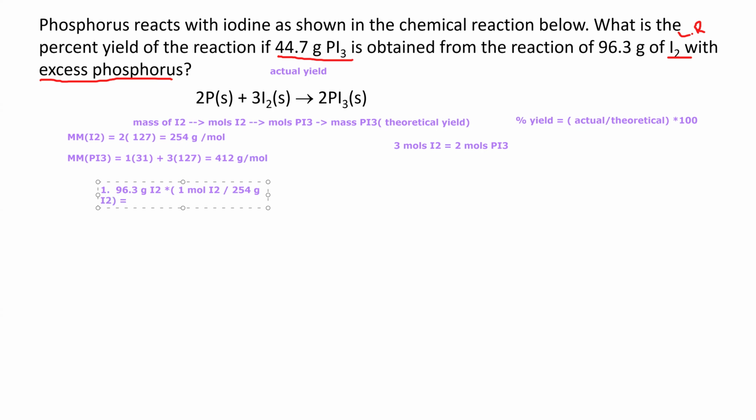This is going to tell us the moles of I2 that we have. So we get 0.379.